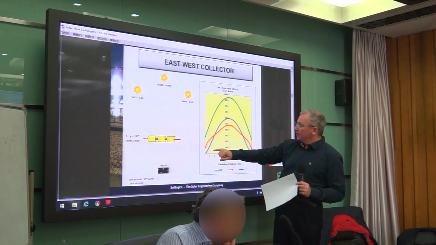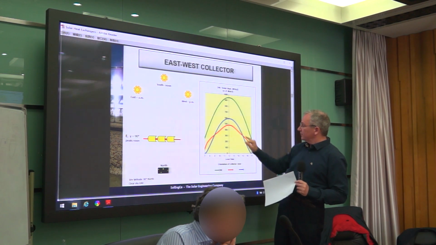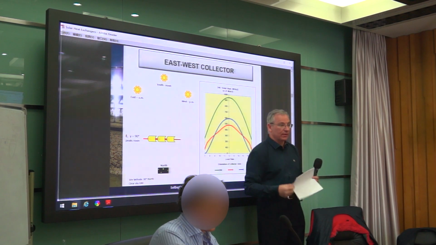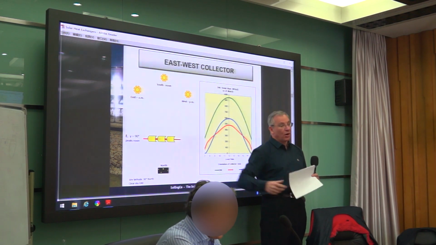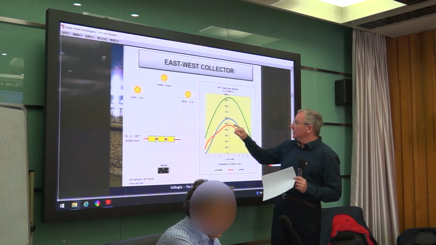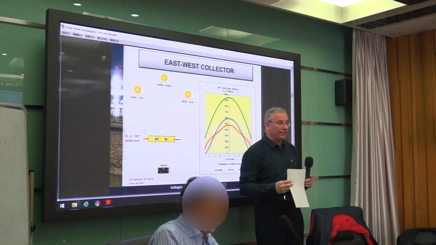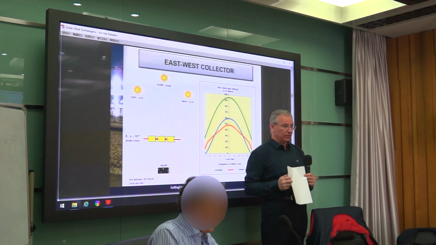We plot this line. This one is from the previous one, the red one which we have seen, and this one is from this orientation. Already here you can learn that we get much more energy at noon than if we had the collectors in the other orientation.